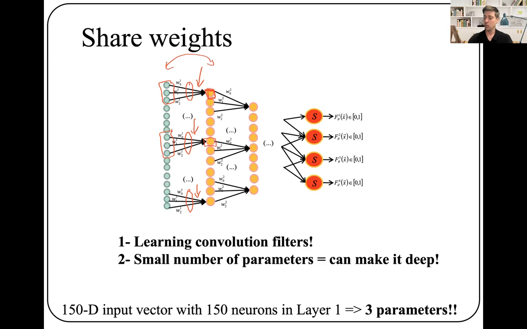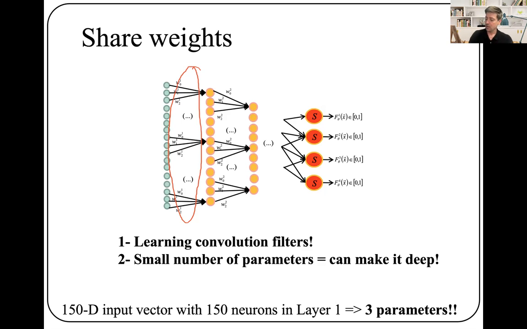When we go to another layer, then we're going to have different sets of weights, but at a specific position in the network, so between 2 specific layers, the weights will be shared.